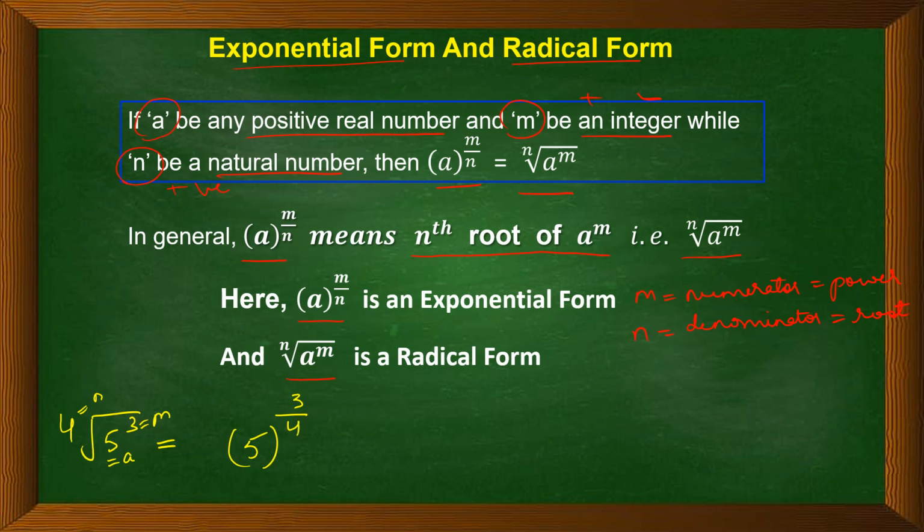Now again, if I have to convert back to radical form, this is my n, this is my m, this is my a. So the nth root of a raised to power m, which I can write as the fourth root of 5 raised to power 3, right? m is the numerator, which becomes the power, and n is the denominator, which becomes the root, right?